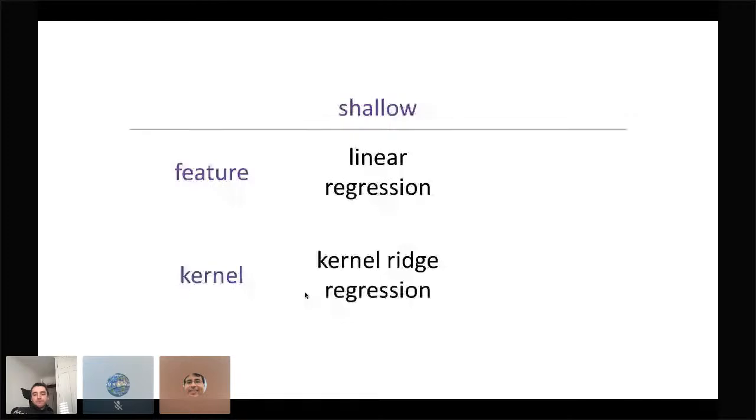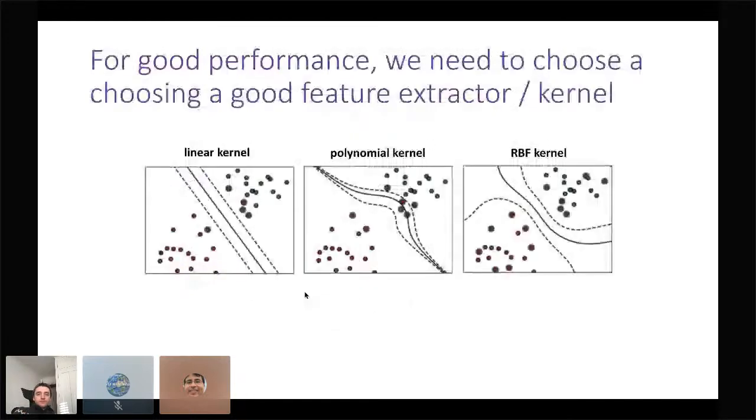If you're a Gaussian process person, when I say kernel ridge regression, you can just think of a Gaussian process. Now, for good performance in either of those methods, we need to choose a good kernel function, or a good feature extractor, a good feature set or basis for linear regression.